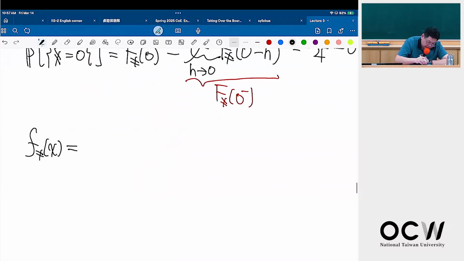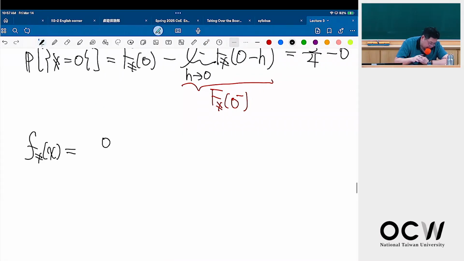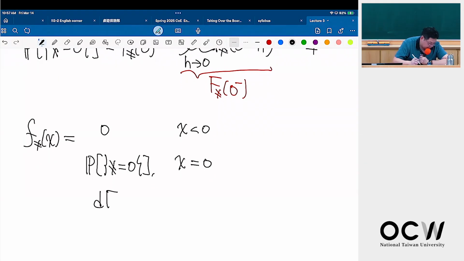So 3 components. First, x less than 0, the answer is 0. When x equals 0, then it should be the probability of x equals 0. Otherwise, I take the derivative for x greater than 0.